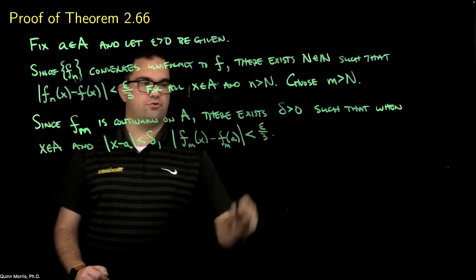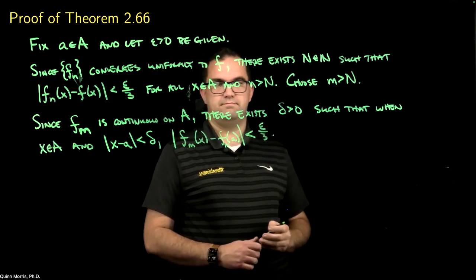I want to make that less than epsilon over 3.